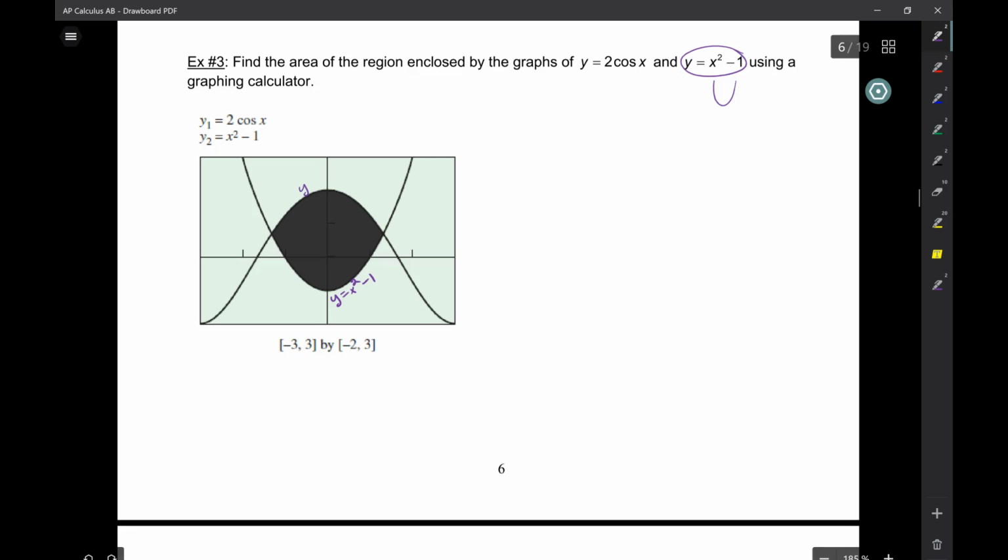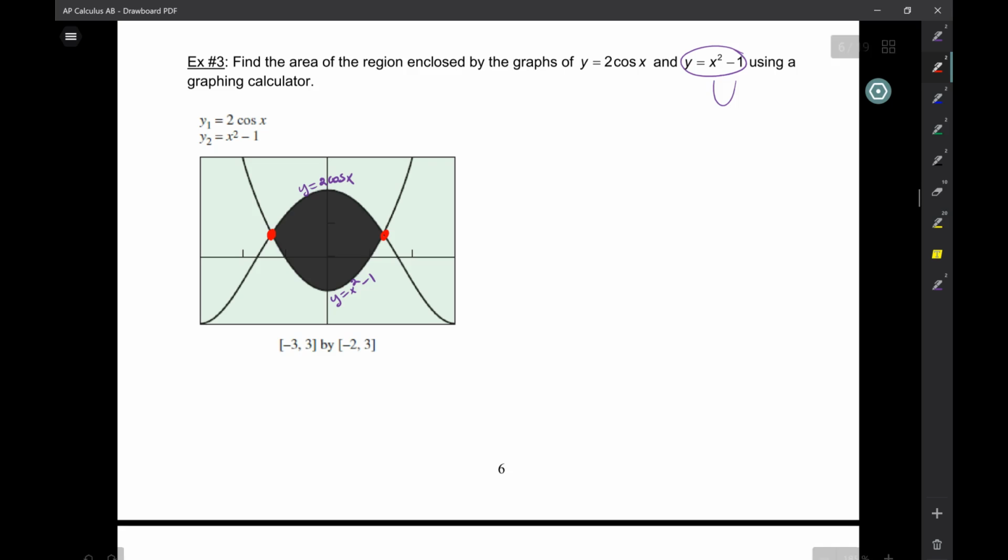That must mean that this is 2 cosine x, and it's got an amplitude of 2, and it starts at the top. Exactly. If it's a cosine, at x equals 0 it must start at its maximum value. And there it is. Okay? Awesome. Now, for this one, we need to find the points of intersection here and here.